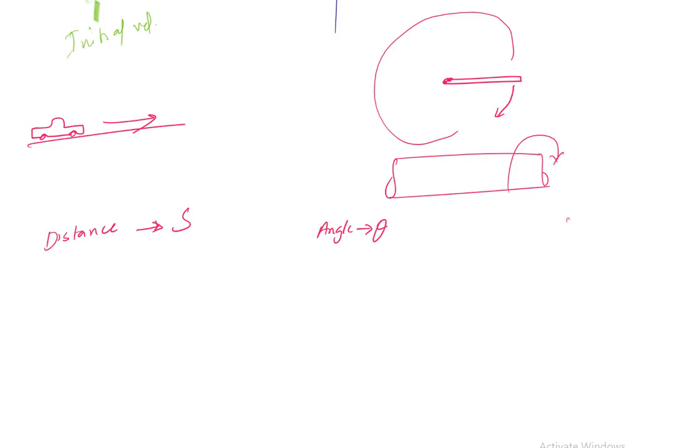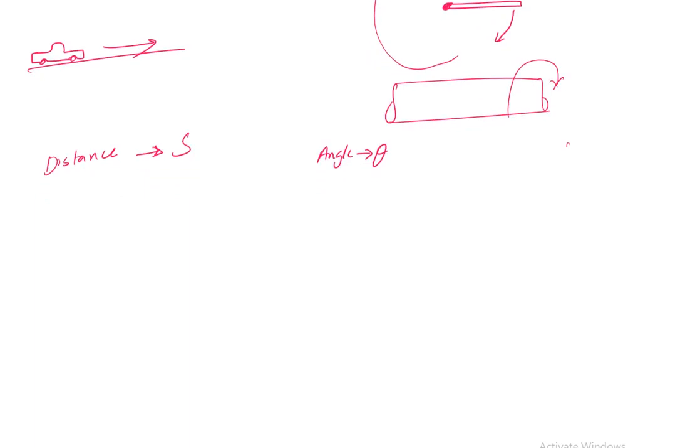Here you will say how much angle has it covered, right? If this arm is turning, and it has gone through 2 revolutions, then we'll say how much angle. So it would be 360 times 2, 720 degrees theta. So that is the correspondence between the linear and the angular sides.